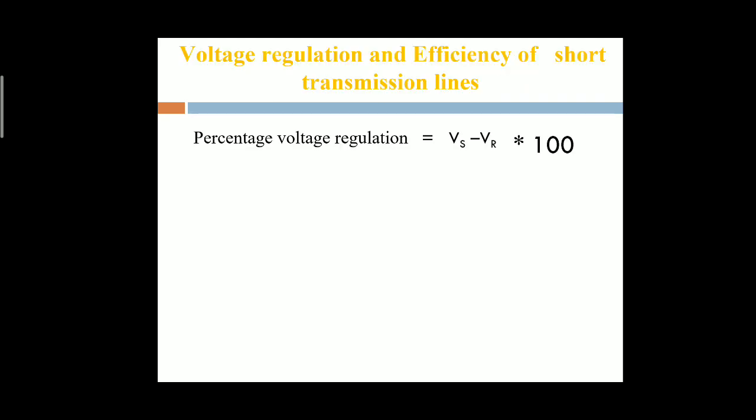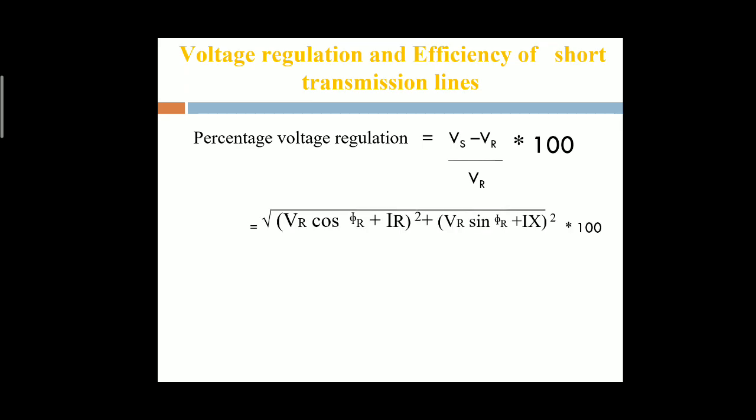Then the percentage voltage regulation is written as square root of (VR cos phi r plus IR) square plus (VR sin phi r plus Ix) square.